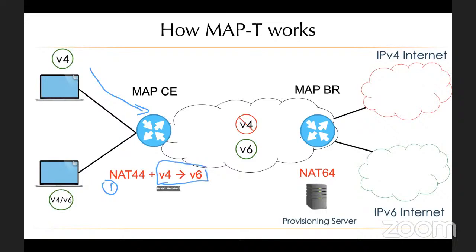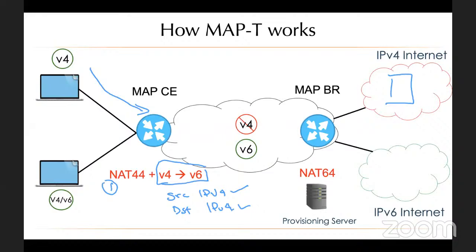So remember, the packet will have a source IPv4 address and a destination IPv4 address, right? So first thing to be translated is the source IPv4 address. And then the destination IPv4 address, remember, it's the public address of a server somewhere on the internet, right?